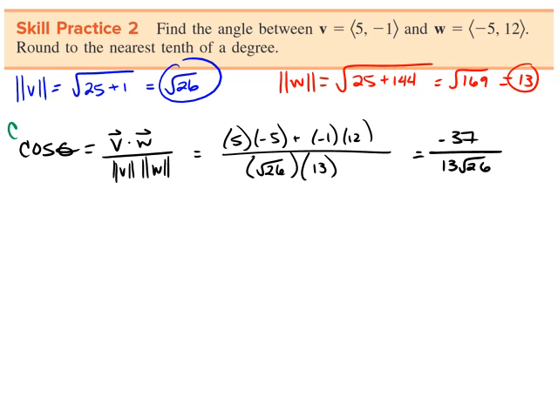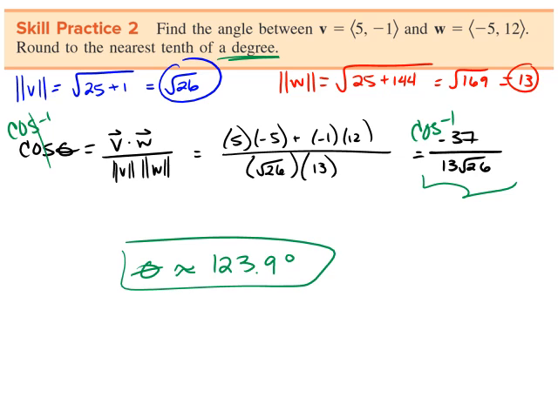So we will take cos inverse of both sides. This needs to go into your calculator in degree mode. So theta is approximately equal to 123.9 degrees. Not so bad.